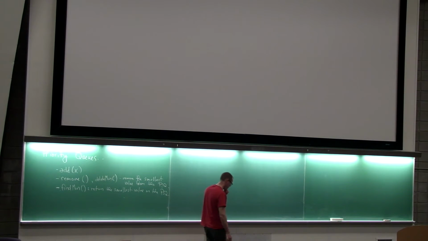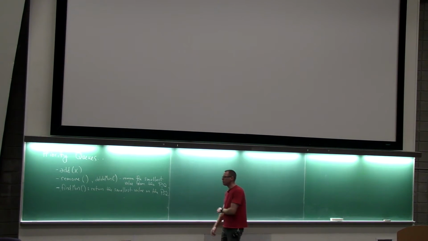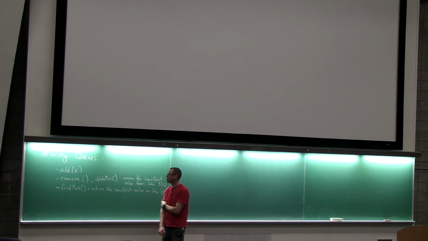Okay. And so what are these things good for? Well, I can tell you two applications now, and then we'll see another application once we do an algorithm. So what are they good for? Well, here's one thing that they're good for: sorting.